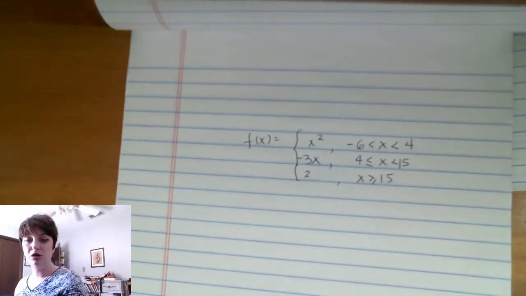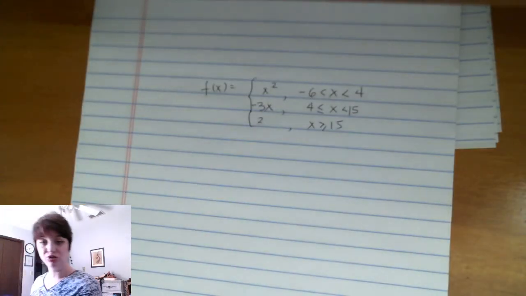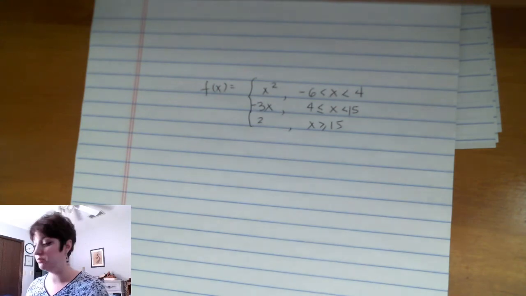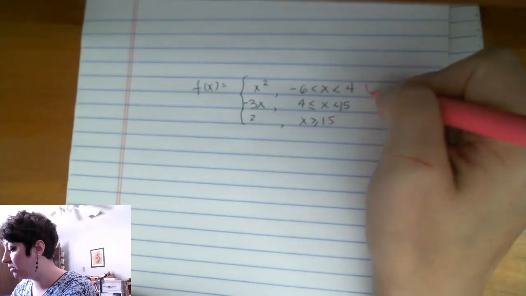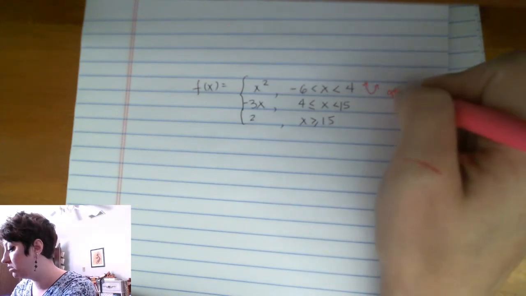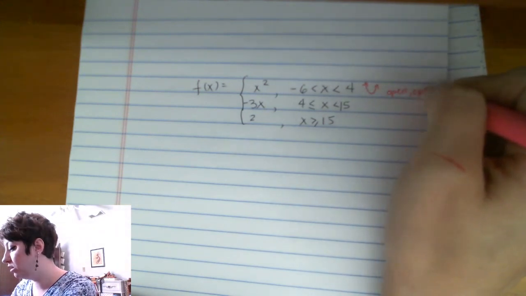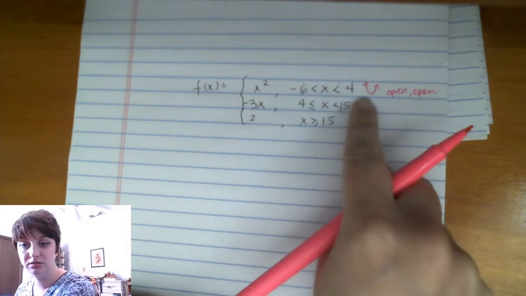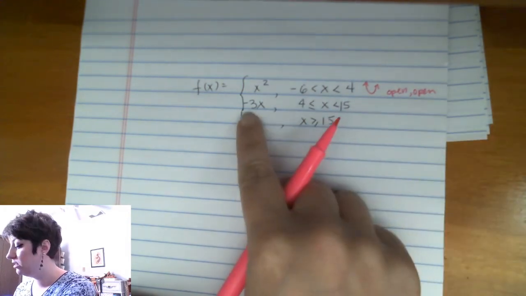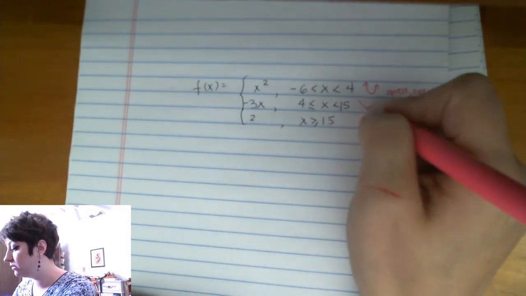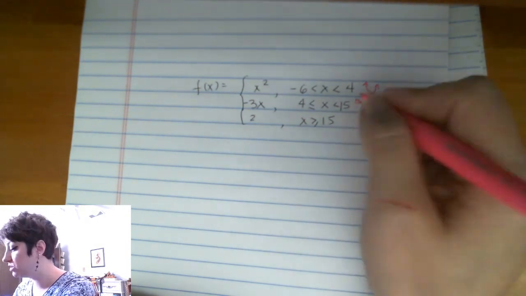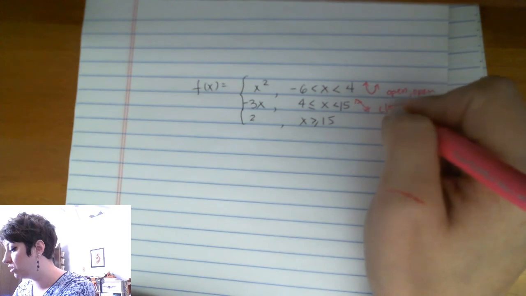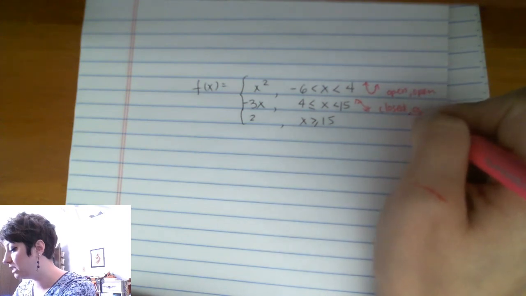Okay, so if I were to see this and wanted to get an idea of what it should look like, x squared is a parabola that opens up, and it's open on both sides. This is a line with negative slope, so it's something like that, and it's closed on one side, open on the other.